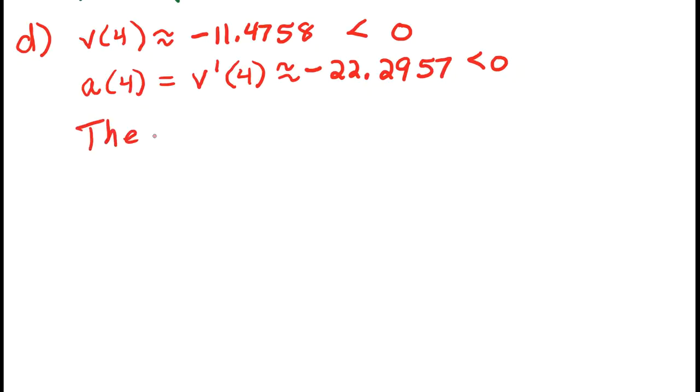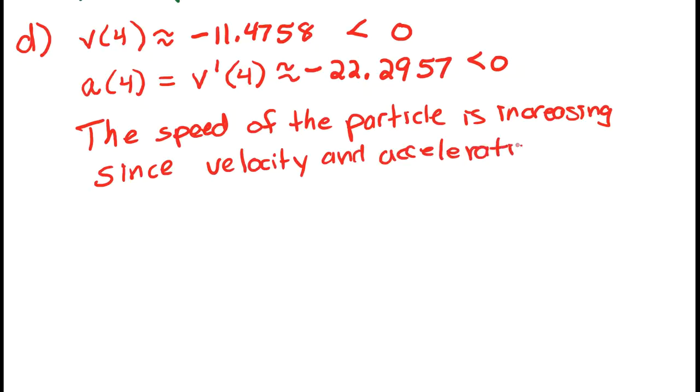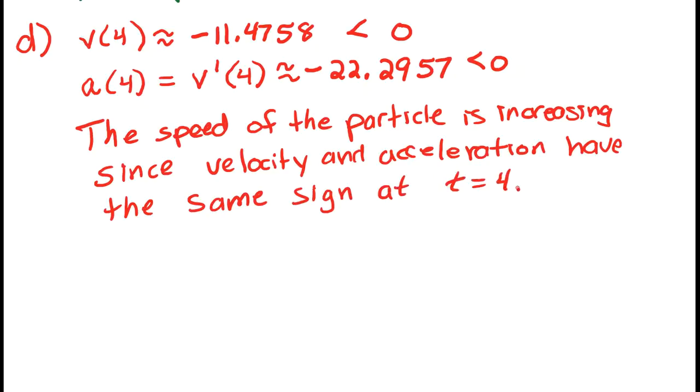The speed of the particle is increasing since velocity and acceleration have the same sign, at t equals 4. And there you have it.